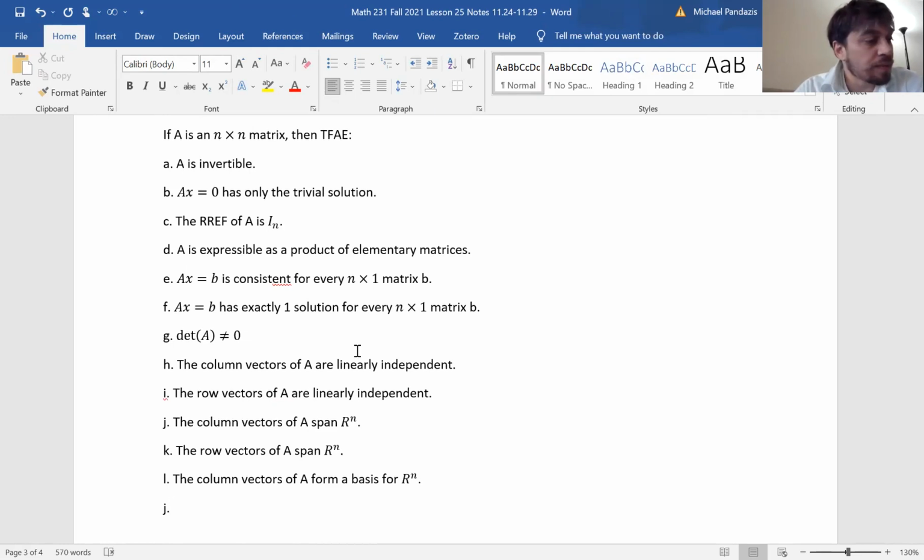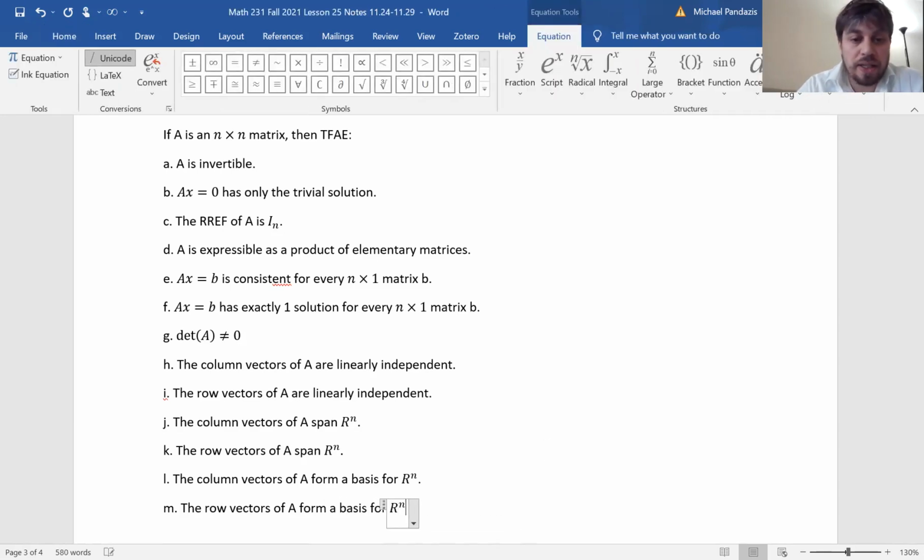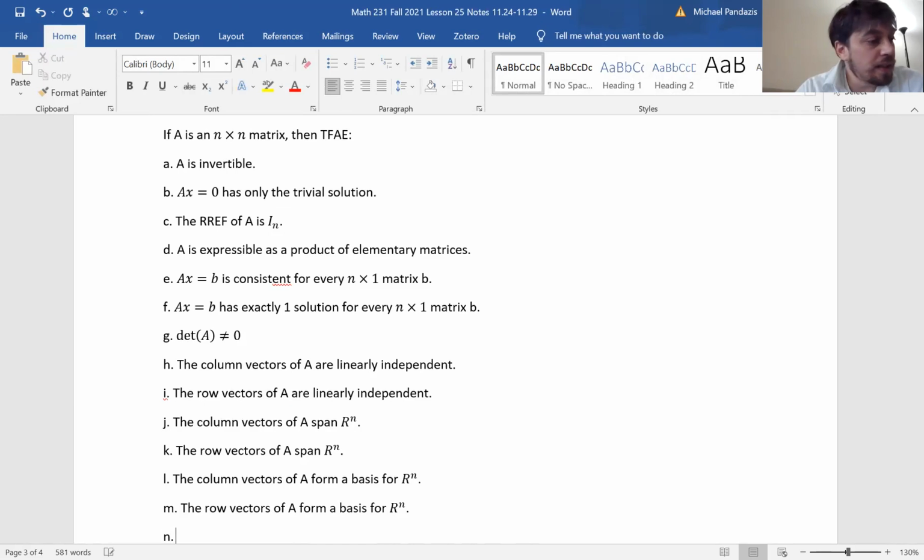J, K, L, this is M. The row vectors of A form a basis for Rn. N, A has rank n.